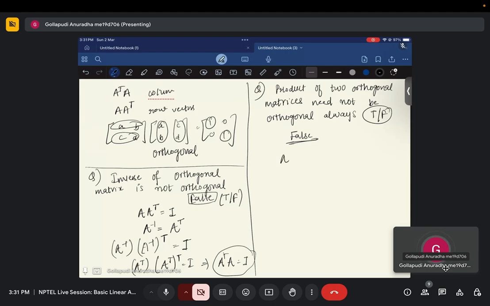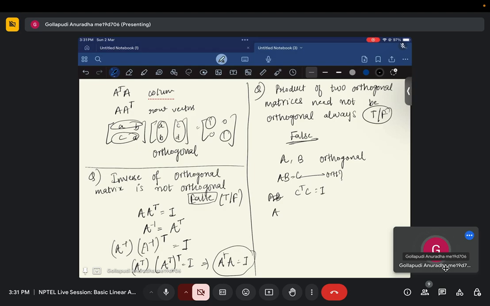Suppose A and B are both orthogonal. Given that, we have to check whether AB is orthogonal or not. Suppose AB is equal to C; if C transpose C is equal to I, then it is orthogonal, right?